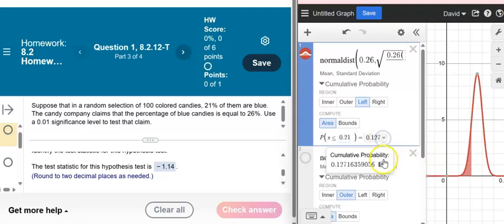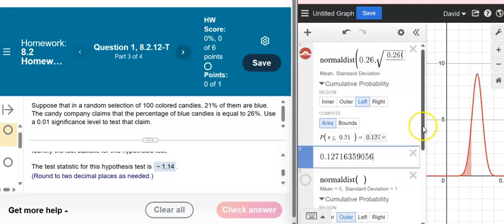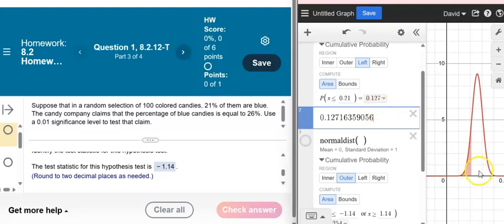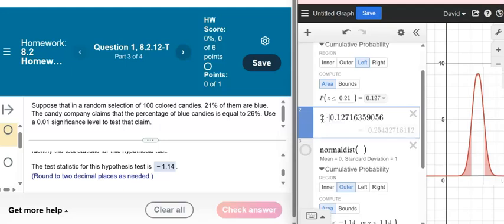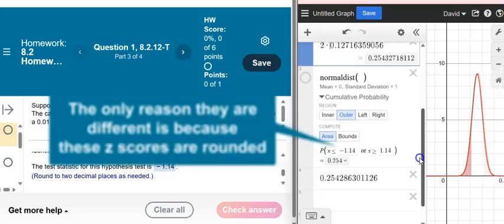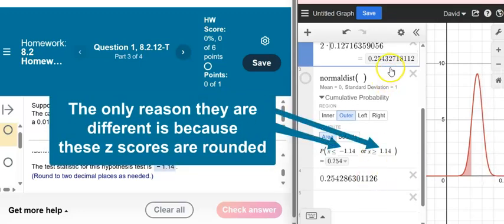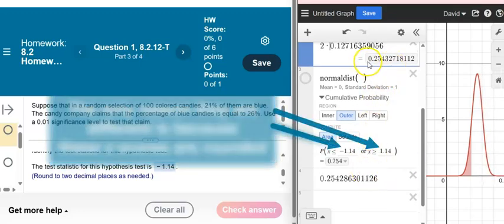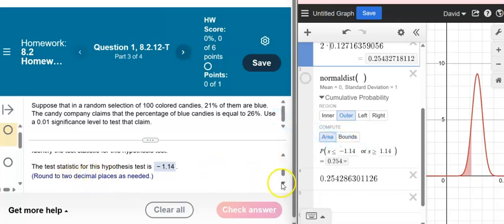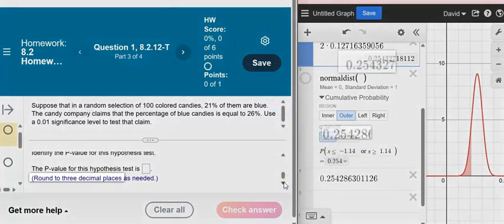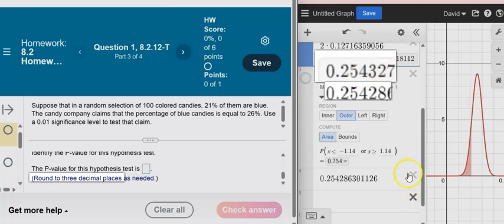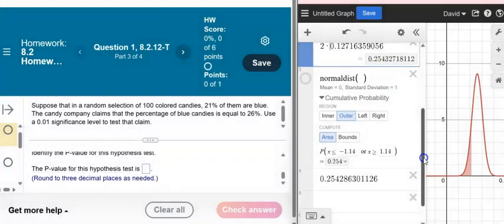If I click this bottom number down here and get that probability, that's this area in the left tail, but because it's a two-tailed test, I would double it, so times 2, or 2 times that number. So I get the same thing there as I get here. You can see those two numbers are roughly the same, okay? But for the number of places that we have to round this one to, they'll match.